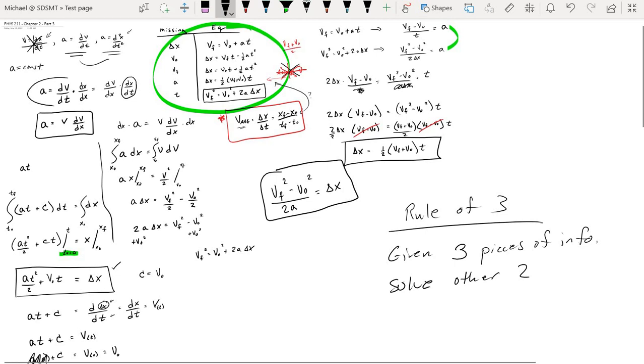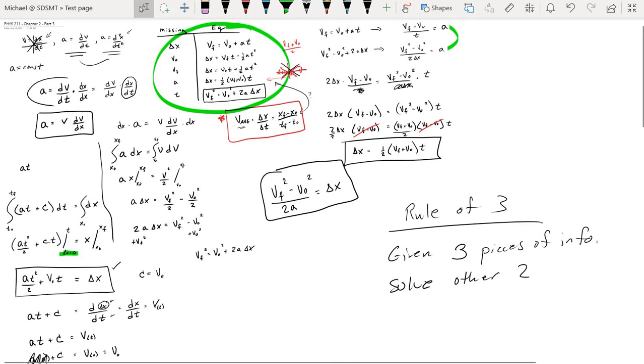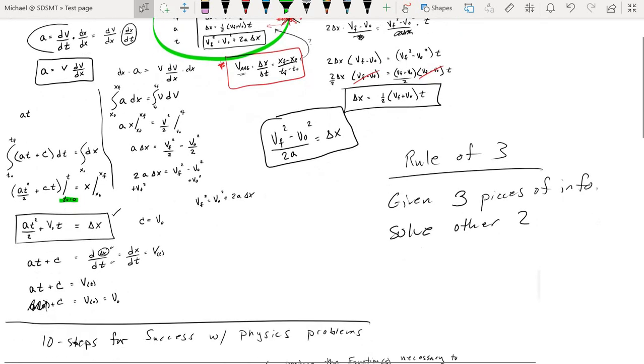And the reason for this is because each of the kinematic equations only utilizes 4 terms. So each of those equations, I have to have at least 3 pieces of information that I can plug in, and I can solve for the 4th unknown. But we said that we can solve for the other 2 unknowns. Well, how are we going to do that if each equation only involves one unknown? Well, that means you're going to have to pick a different kinematic equation to use, but we can do that.